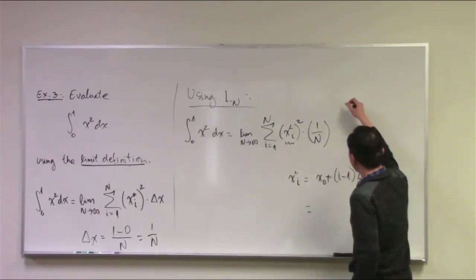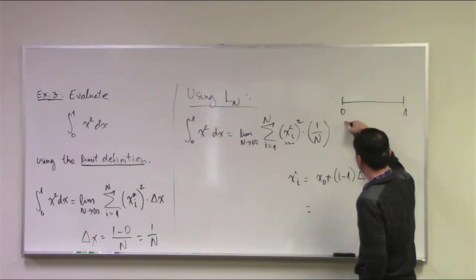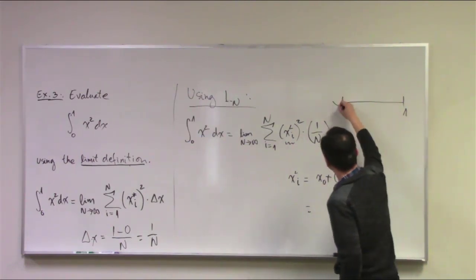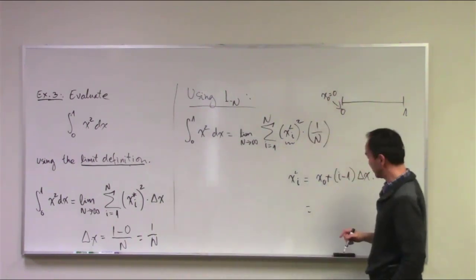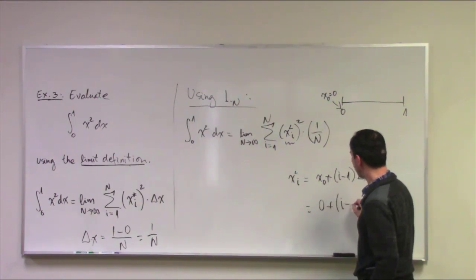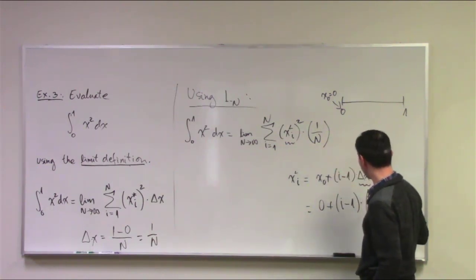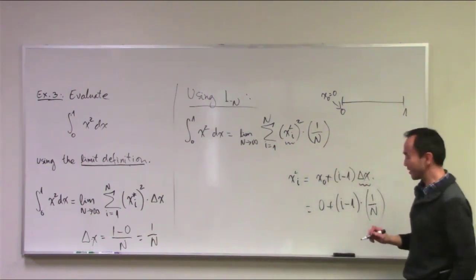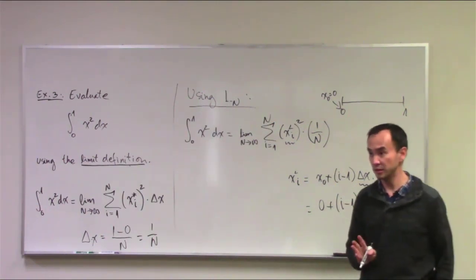For our particular problem, the overall iteration interval is from 0 to 1, so x of 0 is this value. You guys agree? Okay. So it becomes 0 plus i minus 1 times delta x. What did I say about delta x? 1 over n, right? So in other words, I can just rewrite all of this as i minus 1 over n. Are we good with that?